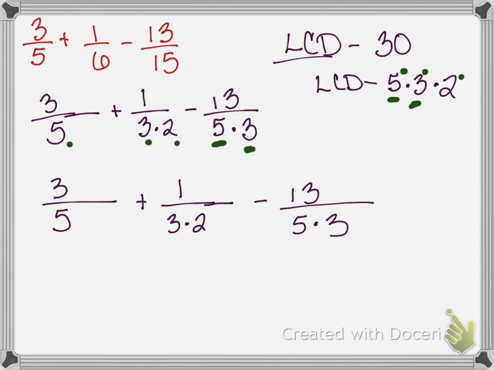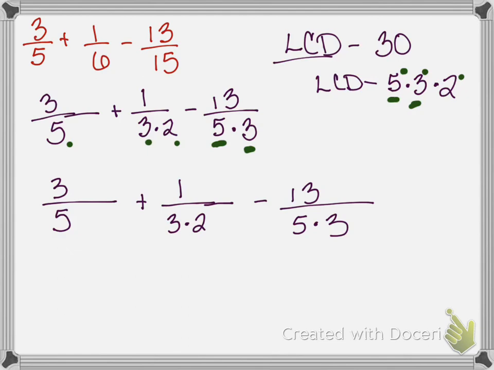So what I want to do now is write in the denominator and the numerator whichever of these factors are not in each one of my denominators. My first denominator has a 5 in it. That's the only thing that's in that first denominator.